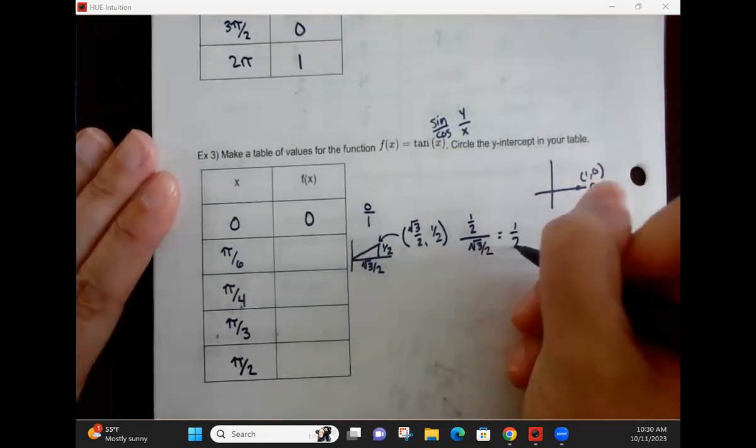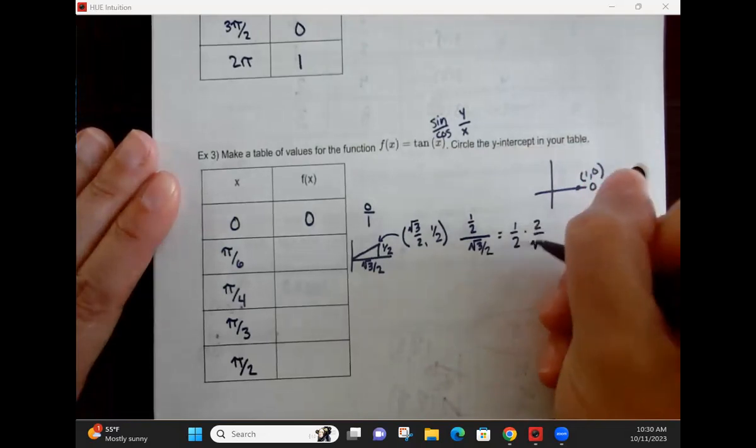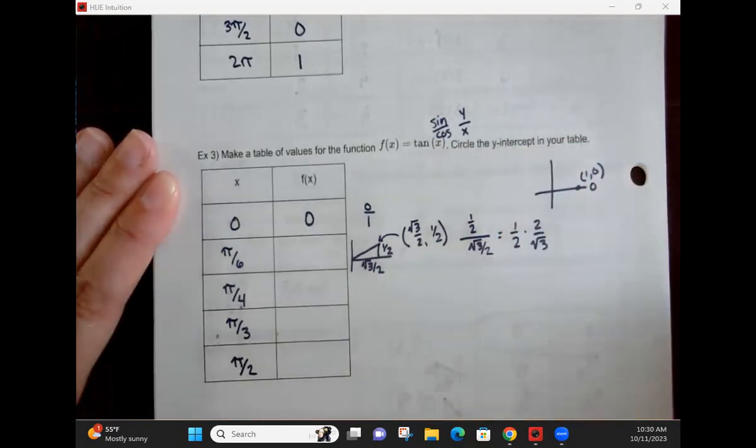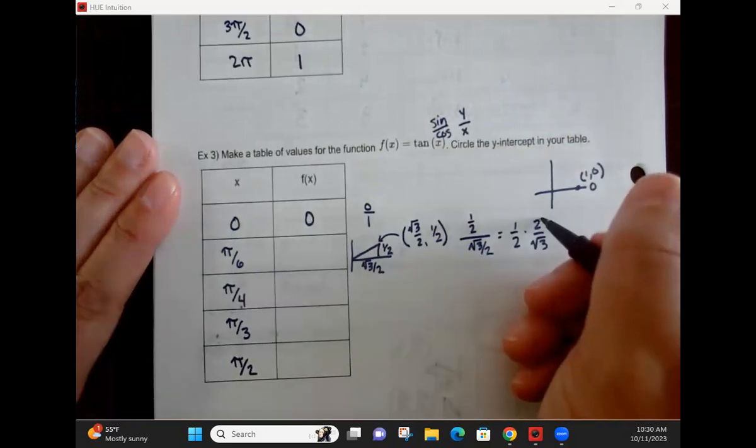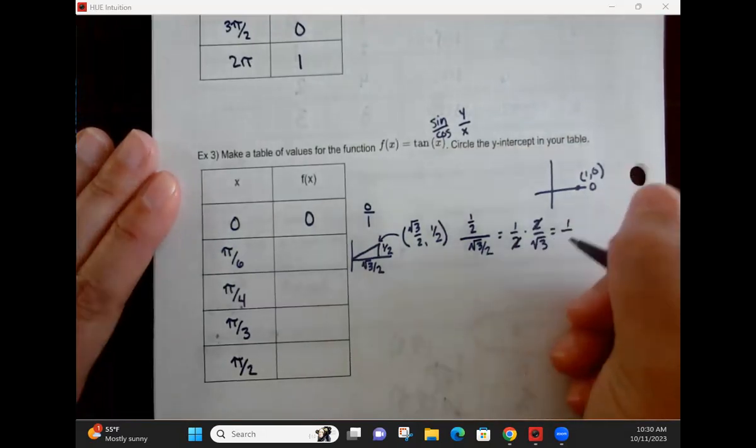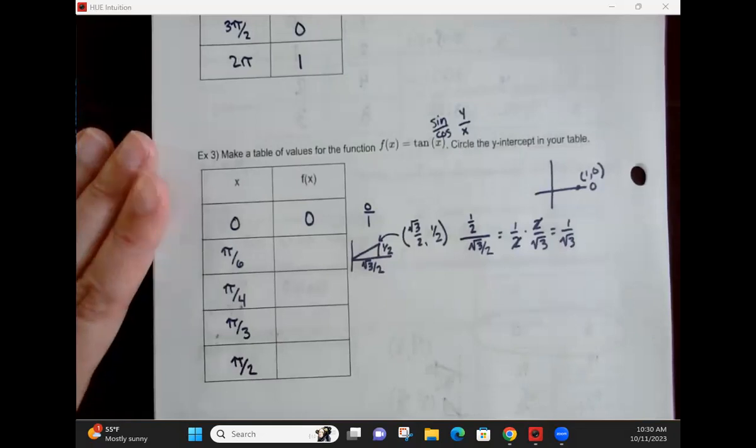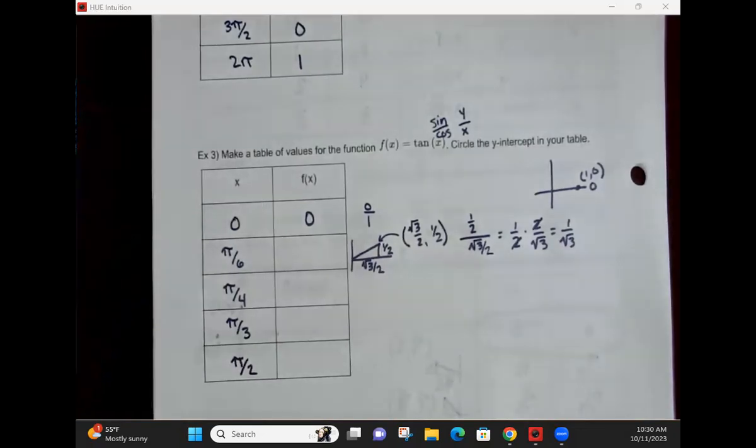Since we're dividing fractions, we'll multiply by the reciprocal of our divisor. When I do that, my 2's reduce, and we get 1 over the square root of 3. And then do you remember last week we talked about rationalizing our denominators, right? I don't want to leave an irrational number like the square root of 3 in the denominator. You really only care about this when we talk about trig values because the standard is that those points are already given with rationalized denominators.